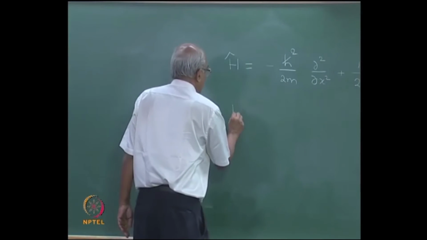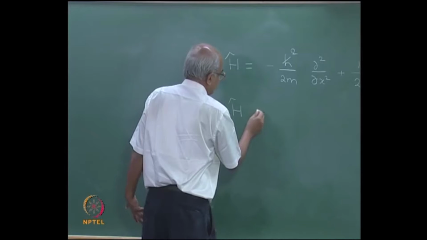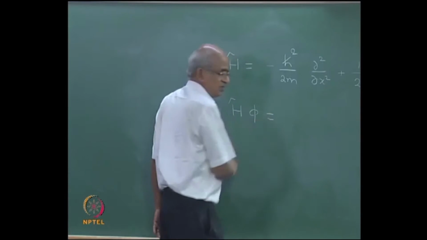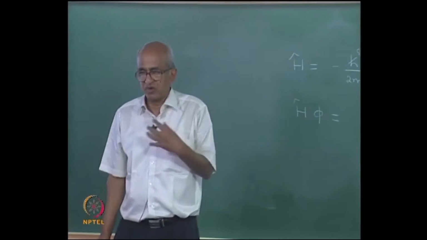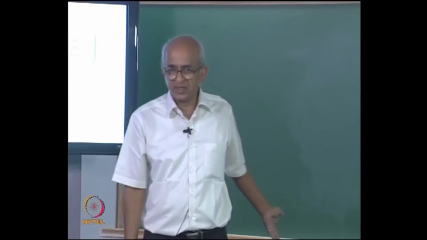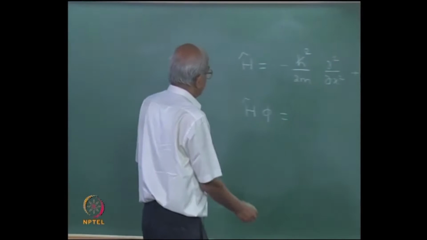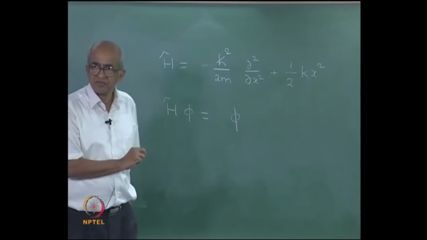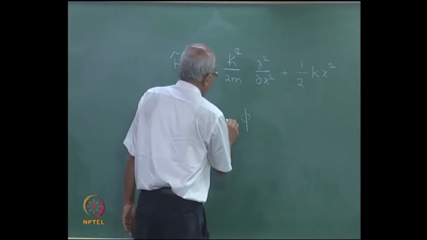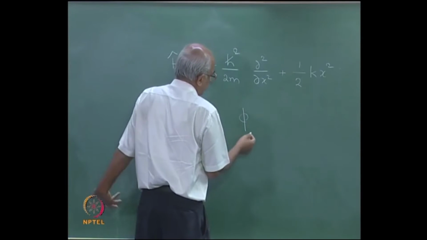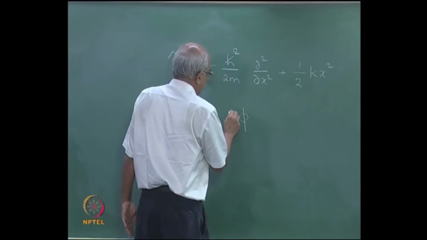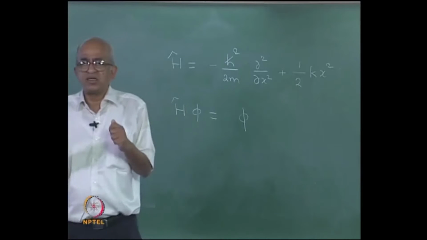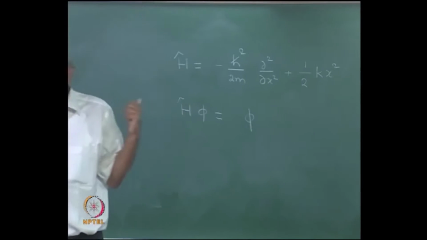You allow H to operate upon some function, maybe phi, such that phi is an eigenfunction of this operator. I am going to get phi back, multiplied by a constant, an eigenvalue, which is eventually going to be the energy of the system, because of the postulate.